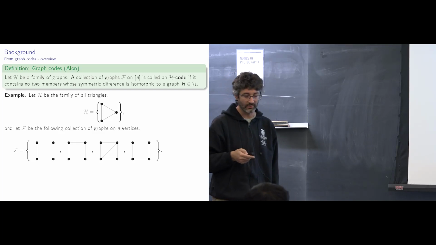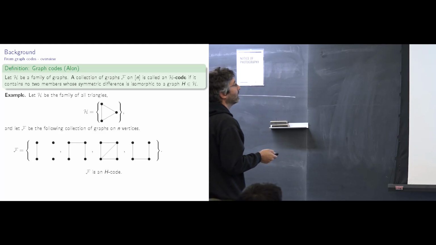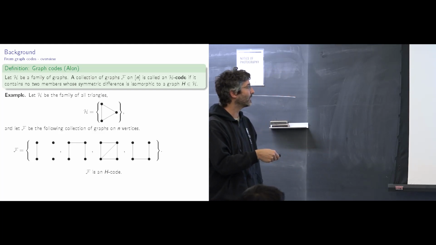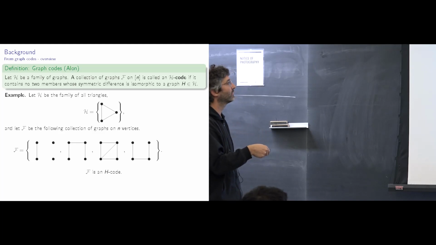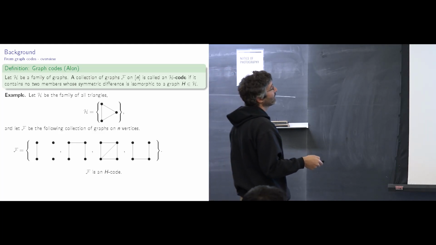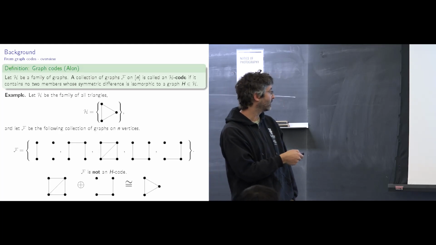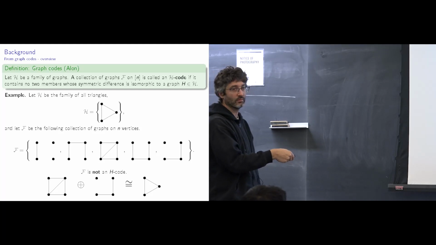You don't want the symmetric difference of any two elements to be in H. So for instance, for that family here, if you take the symmetric difference of any two of them, it is never a triangle. While this one is not an H-code, because you look at that one plus that one, and you get something that is isomorphic to a triangle.